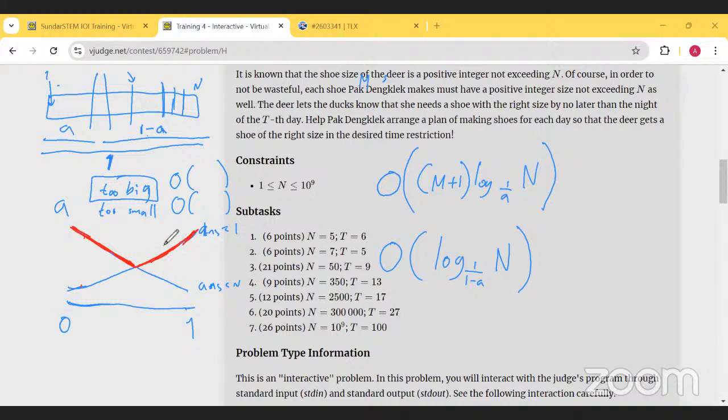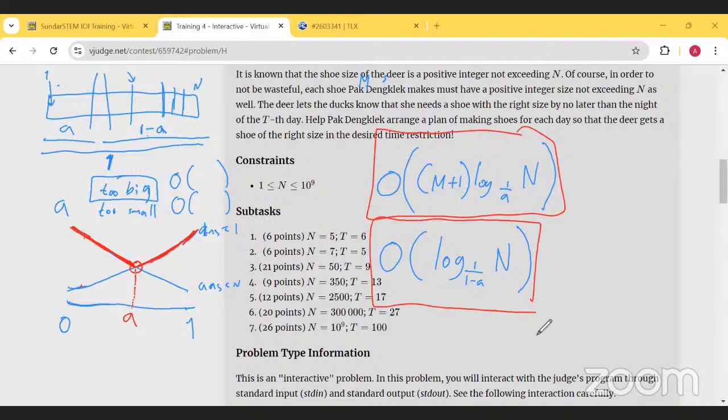So if we want to minimize the queries, then we should make it here. The value of A should be at the intersection between these two graphs. Okay. So the best value of A is when this complexity is equal to this.